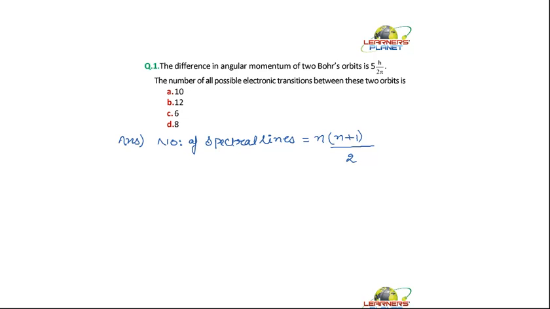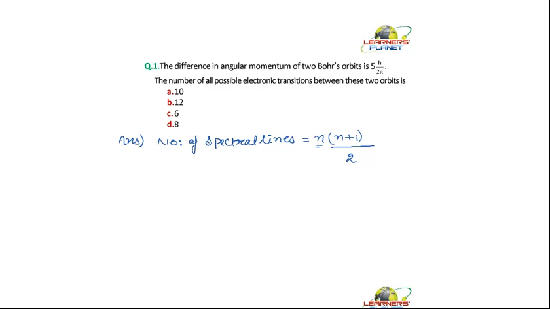Students, whenever there is an electronic transition, that is the electron is moving from one energy level to another energy level, there will be emission of spectral lines. So if you calculate the number of spectral lines, you can easily get the number of electronic transitions.